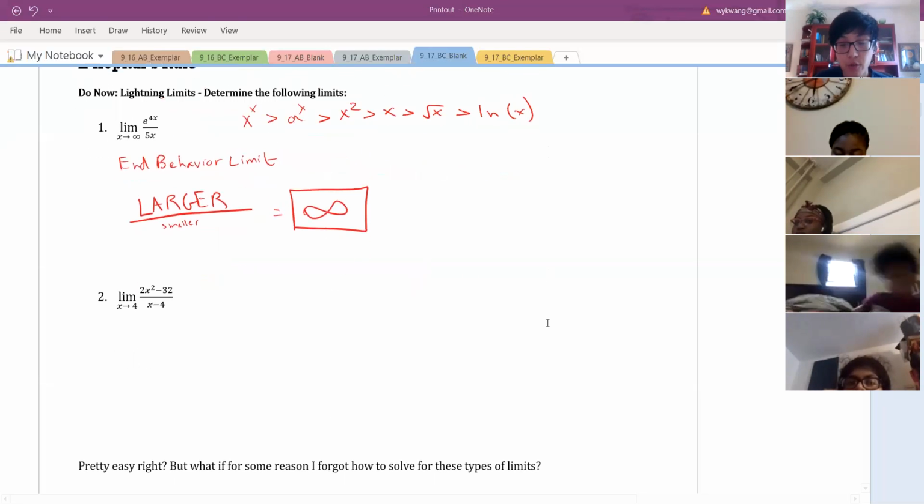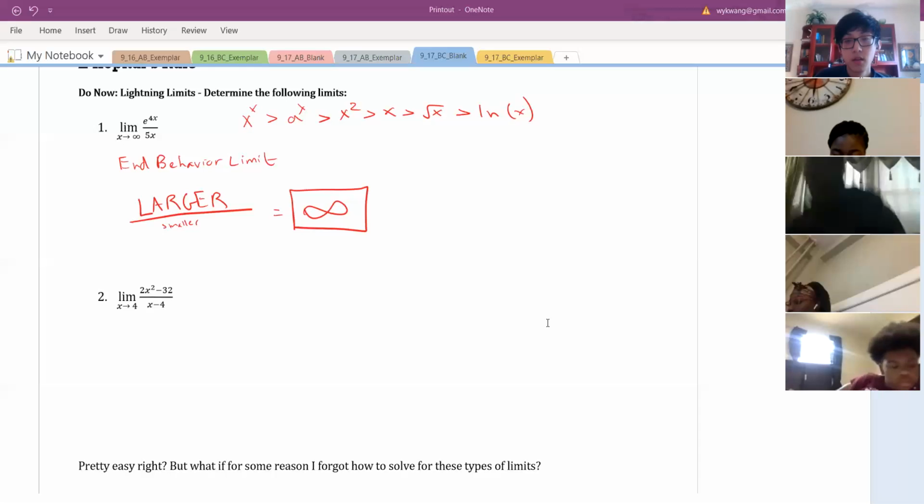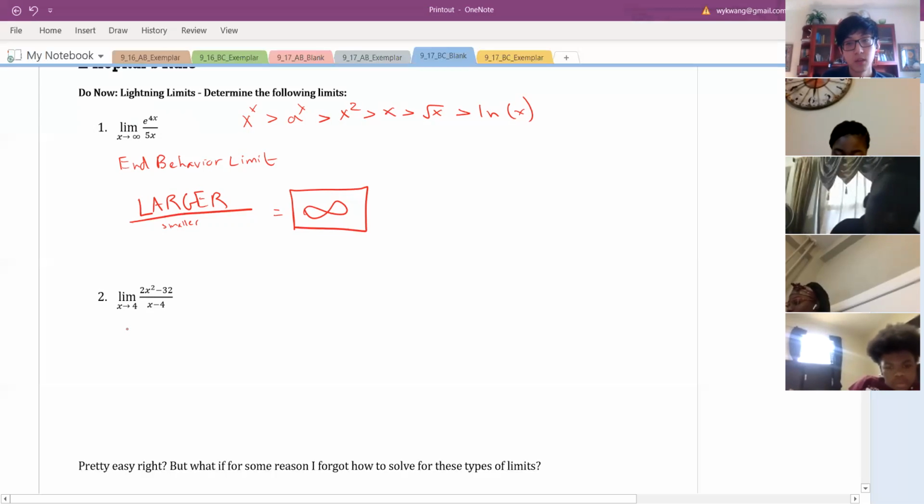Can someone share what they did for the second problem? Aaron? So the first thing I did was that I factored out the 2x squared minus 32. Gotcha.